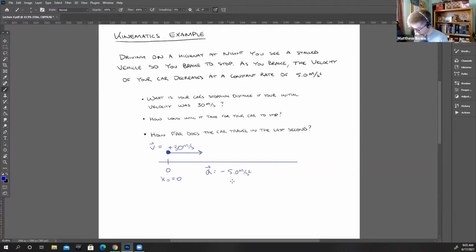So negative acceleration, so the car is decelerating, and at some point over here the car stops. That's going to be our final position.